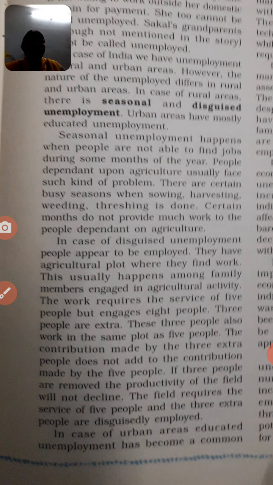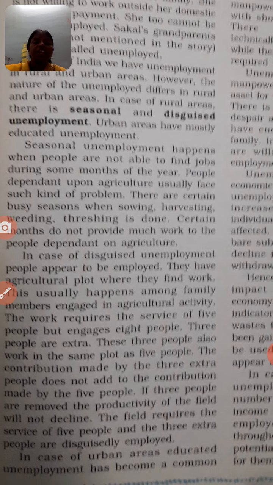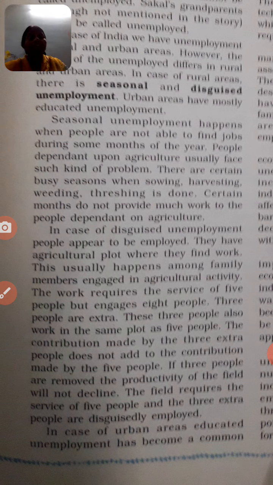In this way we have seen that disguised unemployment is a type of unemployment where the unemployment of the people remains hidden, and people hide behind the term that they are unemployed. They show that they are working, but no one is working to their potential.